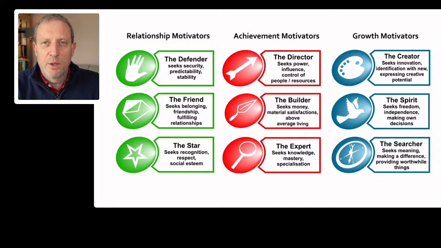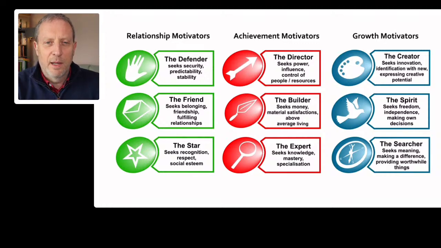And when we do that, we can start to think about how that impacts the work we want to do, the work we like to do. It's not about the ability to do something, it's about whether we want to do something or not. So these are the 9 motivators, and you'll see there are 3 groups of 3: relationship, achievement, and growth motivators.